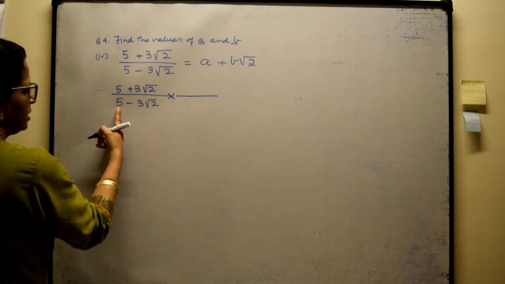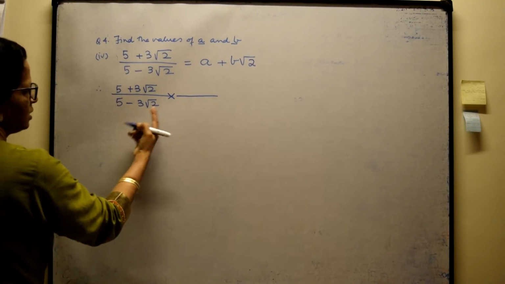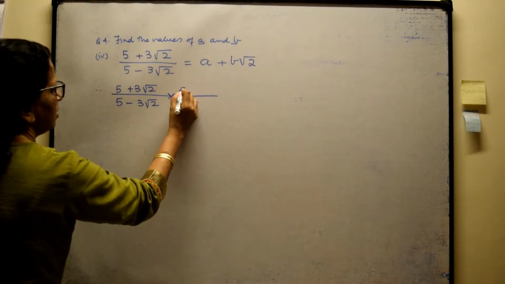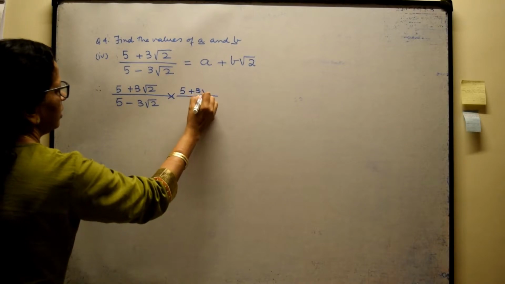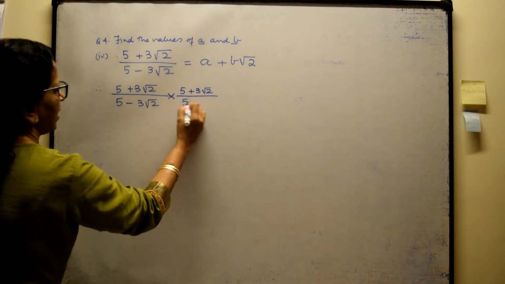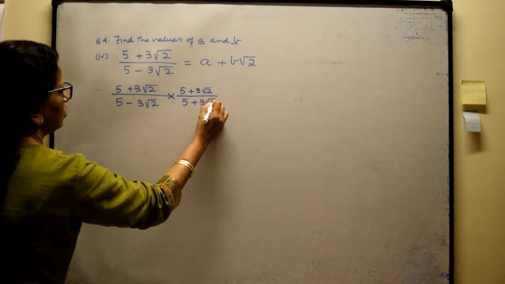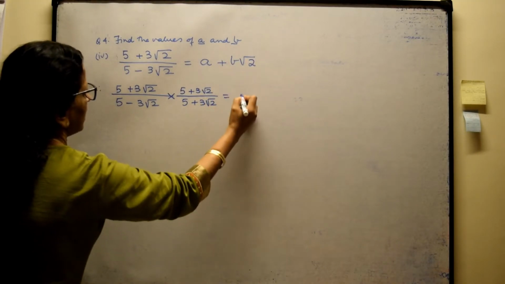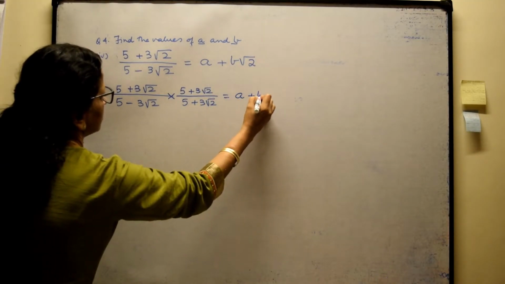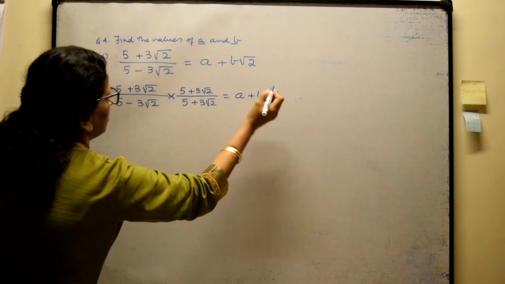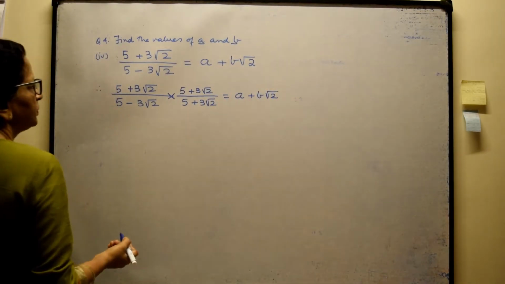So we will take this as a and this as b. So it will become 5 plus 3 root 2 upon 5 plus 3 root 2, and we will copy the right hand side as it is. We don't get concerned about this part at all.